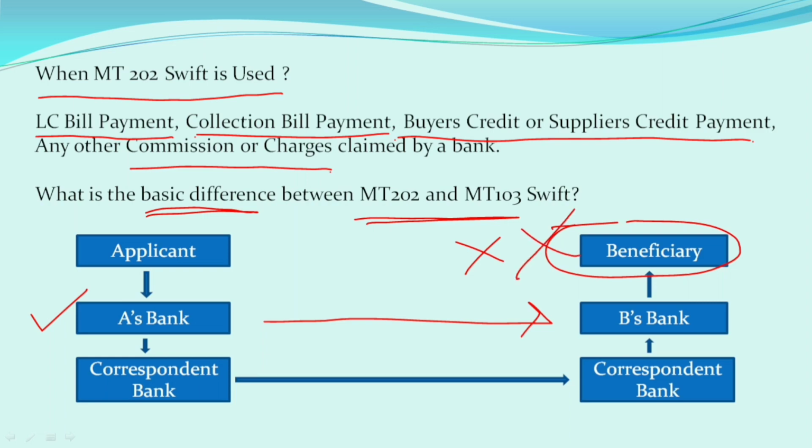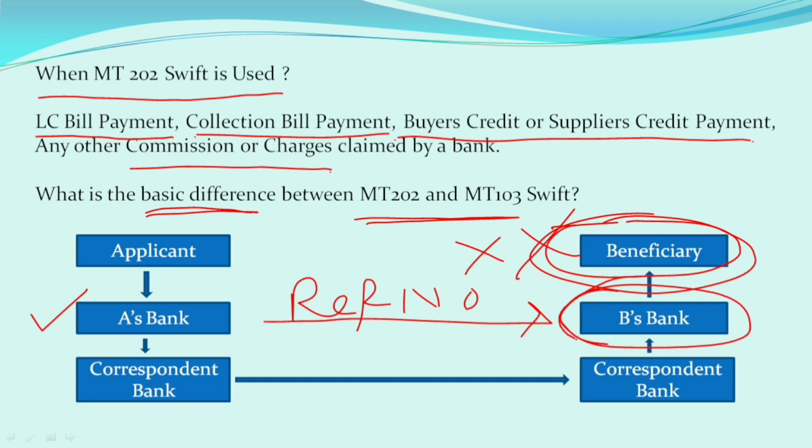So, in the Swift message, the beneficiary name or beneficiary account number will not be mentioned. Instead, A bank will mention the reference number of the particular LC bill or collection bill or any other reference number under which the B bank has sent any previous communications.